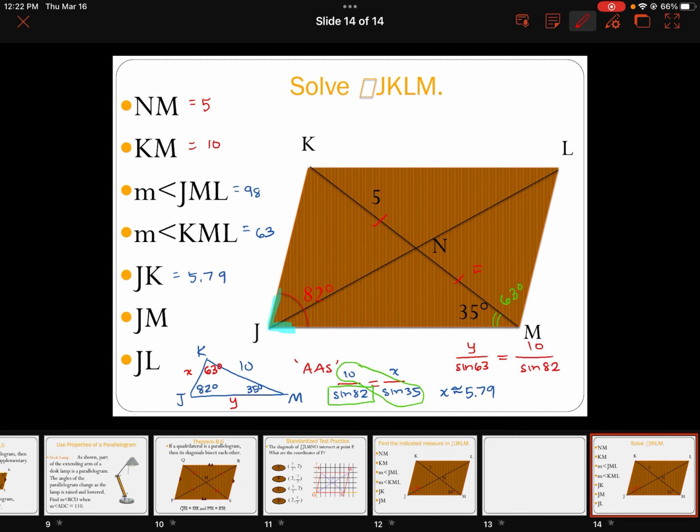So it looks just like that other proportion, only we're going to multiply by something different this time. So we're going to take 10 times sine of 63, and we're going to divide that by sine of 82. That gives you about 9.00, and again, it's not exact, that's a rounded answer.